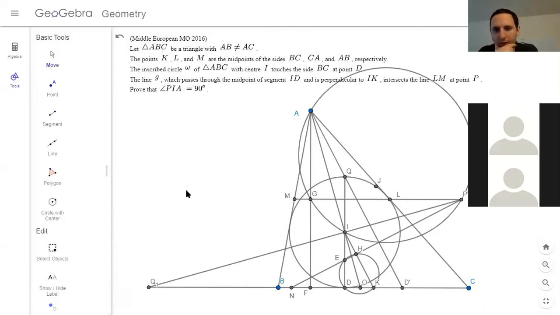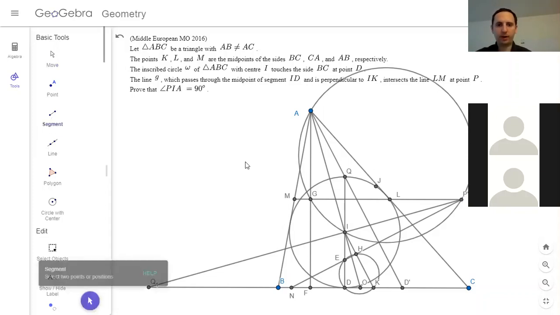I like the strategy of showing that P prime E and AD prime intersect on the circle. So P prime E is a median of this triangle. I wonder if we could have corresponding figures somehow.